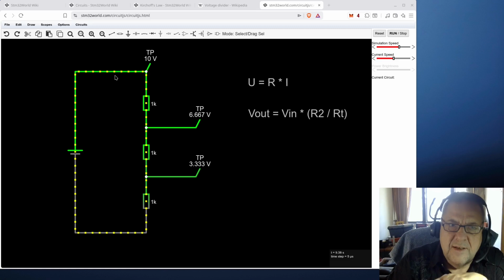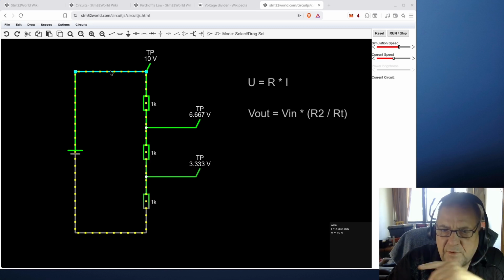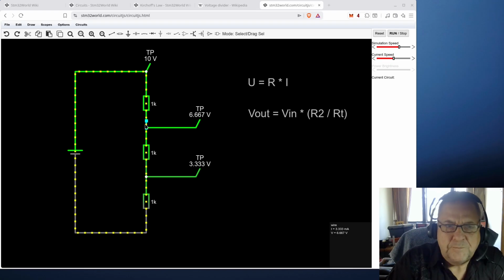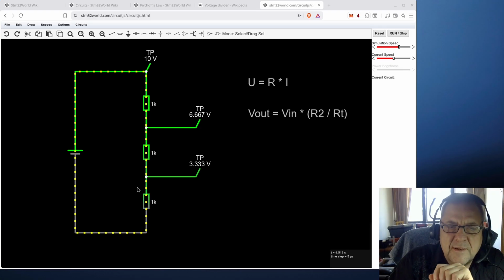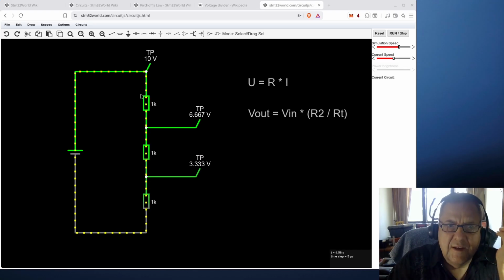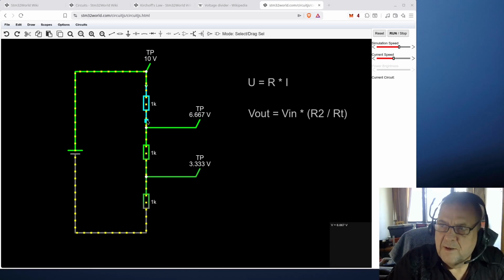And that essentially tells us that if there is 3.3 milliamps flowing through this wire, there must be 3.3 milliamps flowing through that resistor, and through that resistor, and through that resistor, and that in turn tells us exactly what the voltage drop might be. So 3.3 milliamps flowing through a 1 kilo resistor is roughly 3.3 volt.